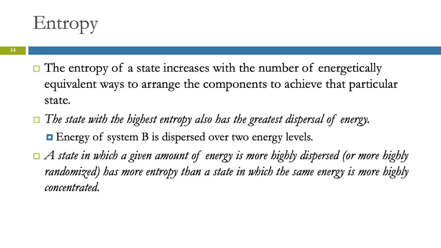So for system B there were 2 levels, so the energy was spread over 2 levels, whereas in system A, all the energy was in 1 level. So if we have energy that's highly dispersed or highly randomized, that's going to have more entropy than a state with the same energy that's highly concentrated.